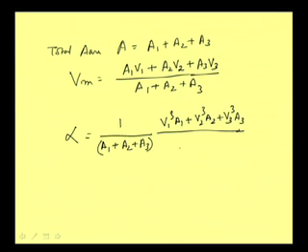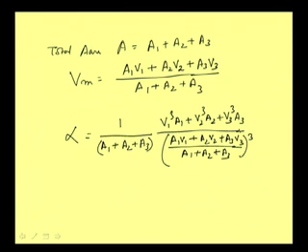And then we have mean velocity here, which we know is A1 V1 plus A2 V2 plus A3 V3 divided by A1 plus A2 plus A3, and this is whole cube.